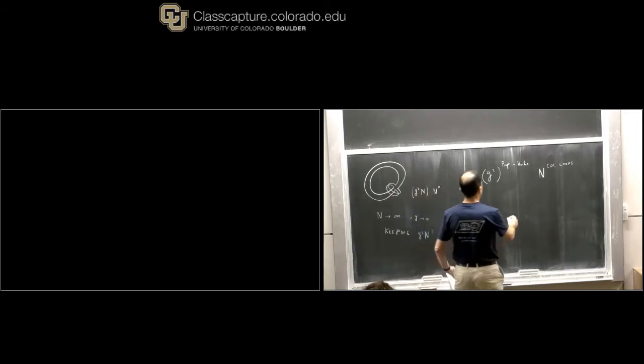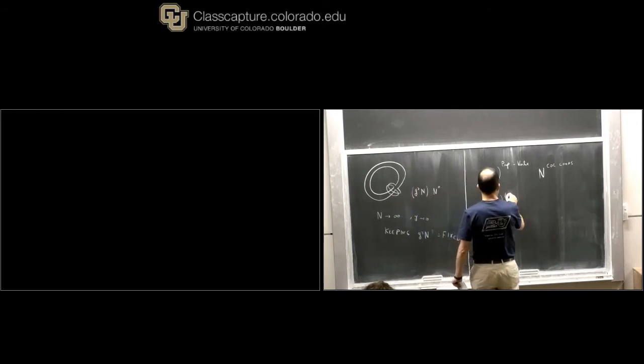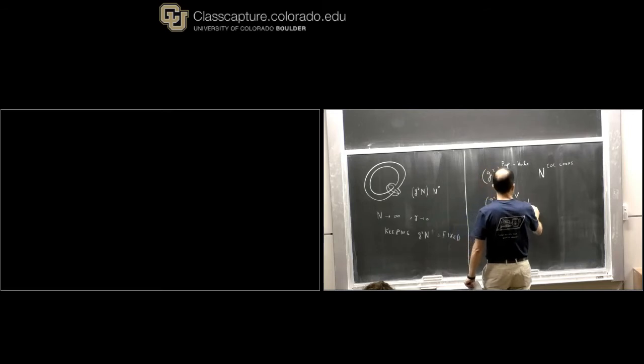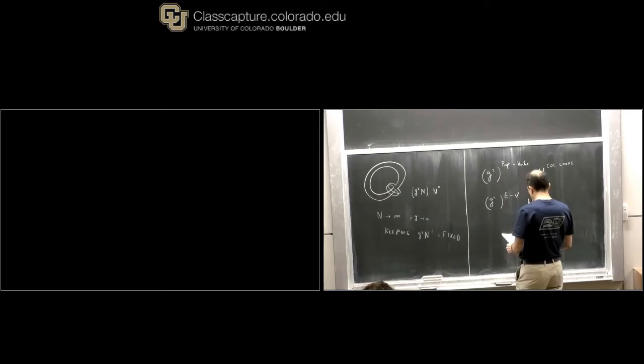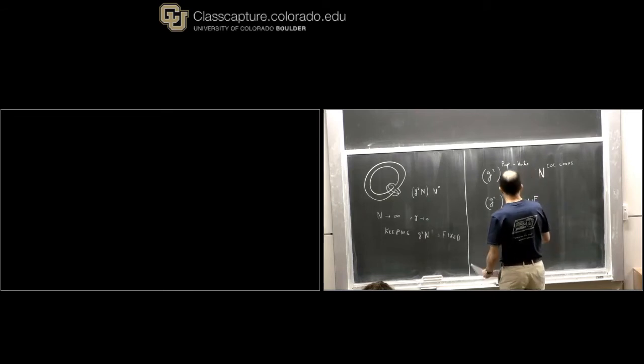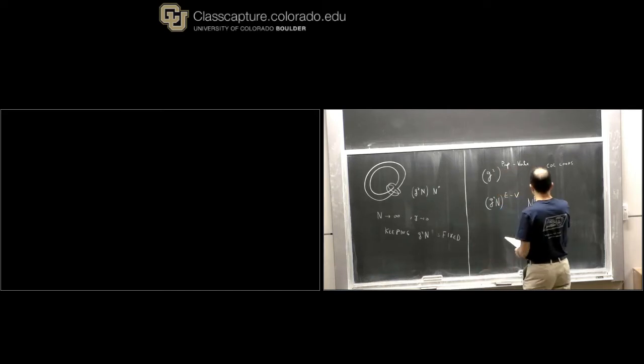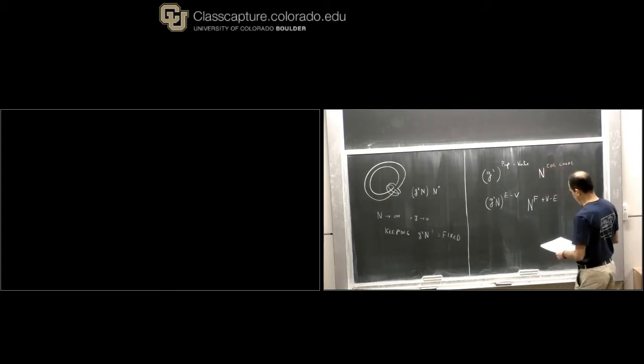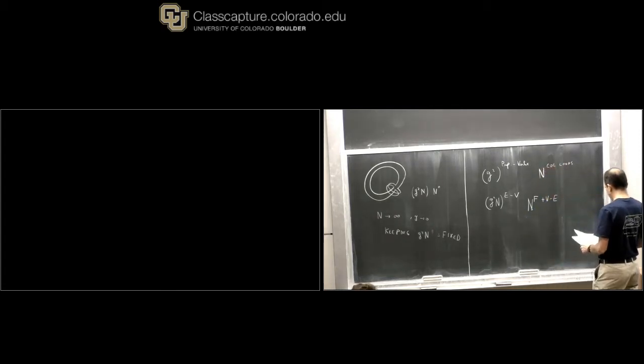And then this becomes g squared to the number of edges minus vertices times n to the number of faces, okay? And then we can put in a factor of n here and subtract here, we'll add here vertices minus edges.